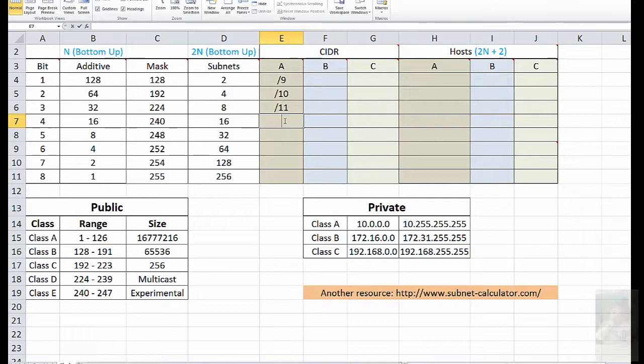Whoops, let's click back in there. Hitting F2 so I can edit this field. We got /12, /13, /14, /15. What happens? Why is this a /16? Well, it's a B technically at that point.